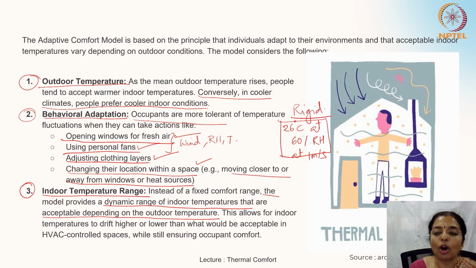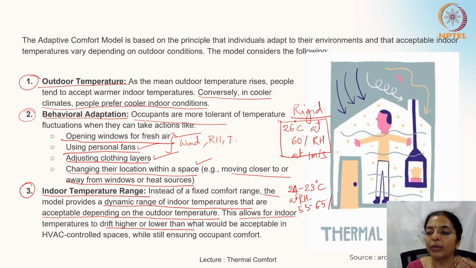Whereas this model gave a range of saying something like 24 to 28 degrees centigrade at an RH of 55 to 65% and so on. So this allows for indoor temperatures to drift higher or lower than what would be acceptable in HVAC controlled spaces while still ensuring thermal comfort.